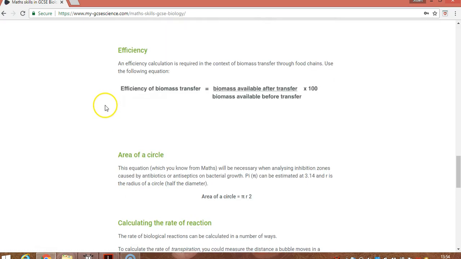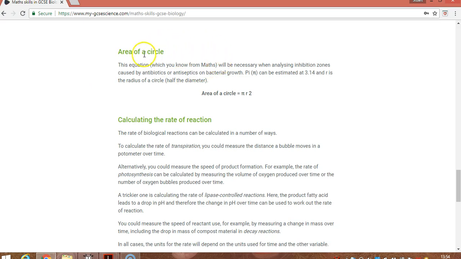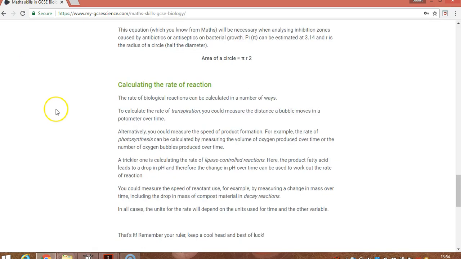Efficiency, that's to do with biomass transfer. Area of a circle probably won't come up. That's used for the antibiotics question, which is more likely in paper 1. It's the practical where you've got to do a circle and you've got to work out how much of the circle is clear of bacteria.